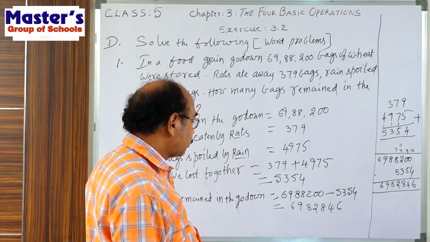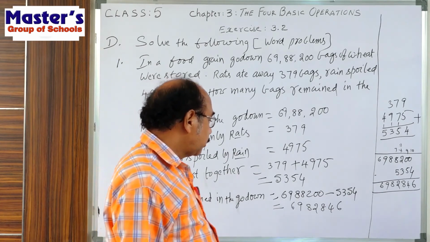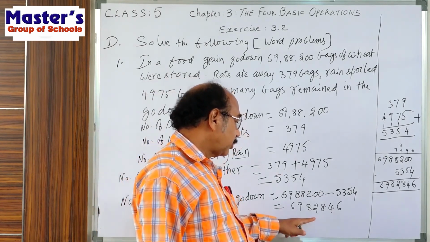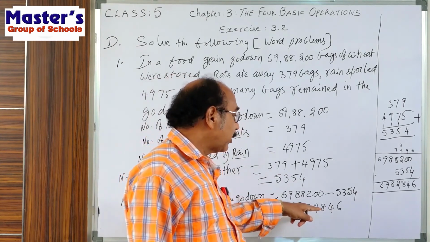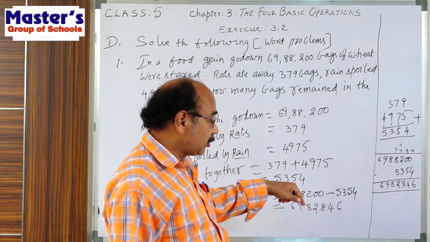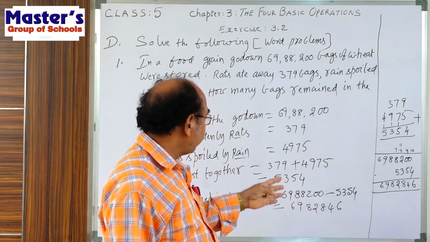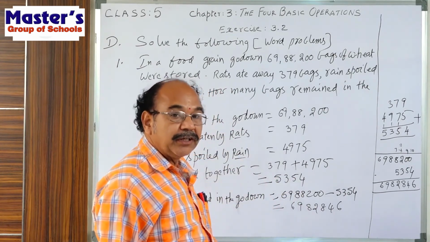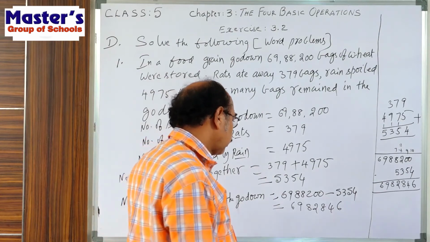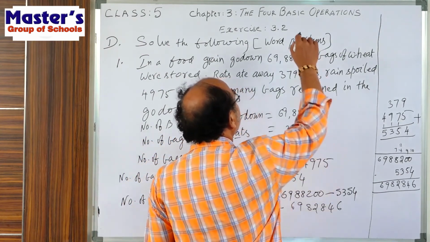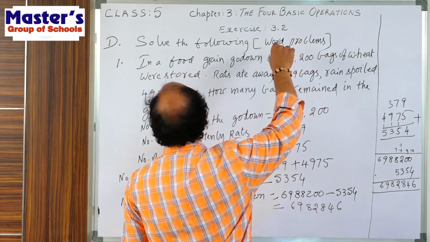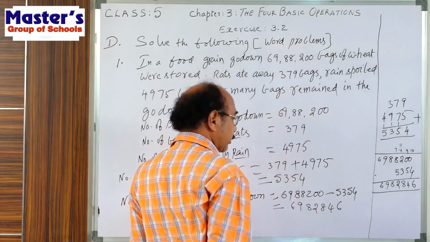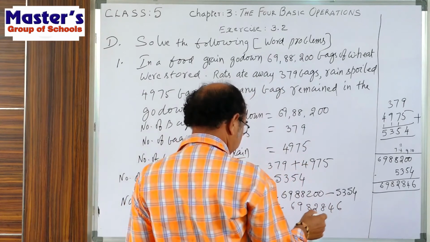These are the remaining bags in the godown. To this, add the bags we lost by the effect of rats and rain. Then you will get the bags stored in the godown in the very beginning. So add.